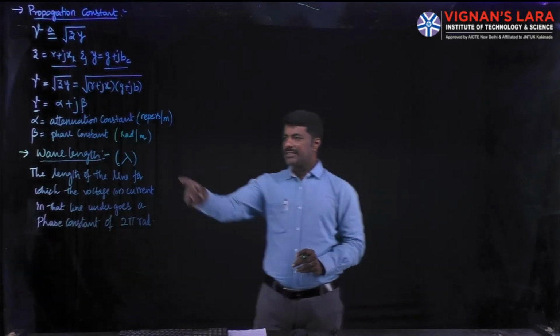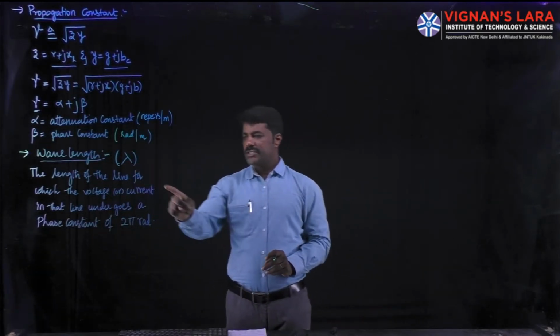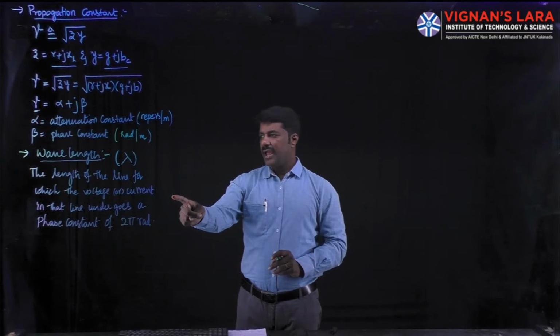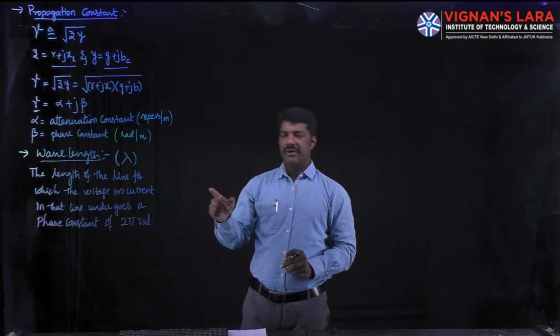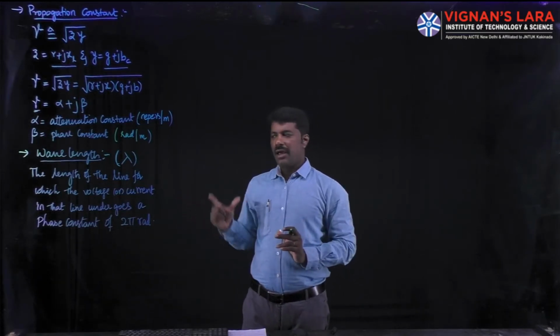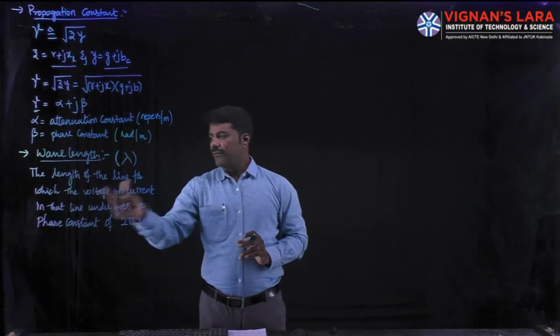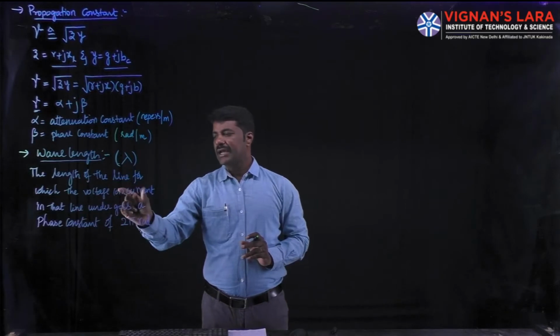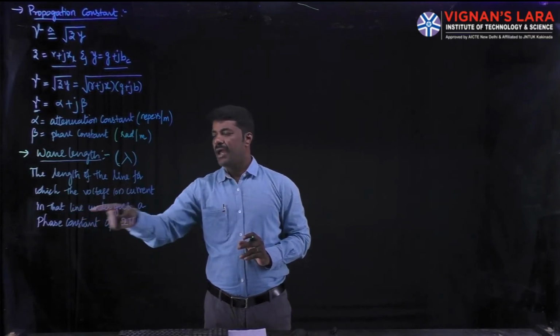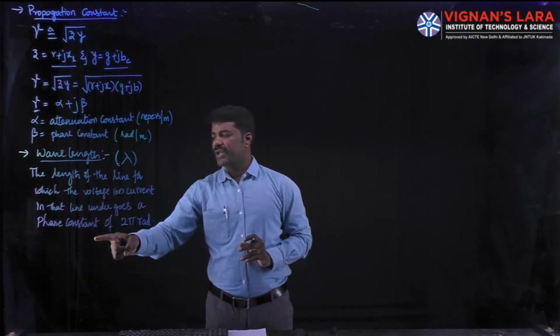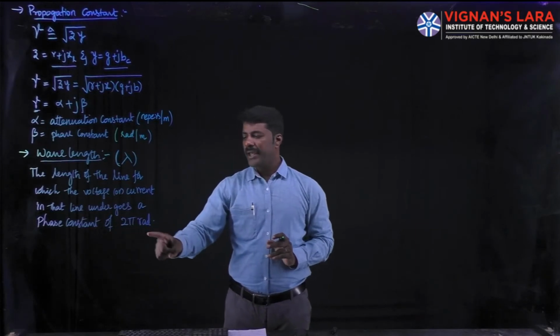The wavelength is represented with lambda, which is defined for a transmission line, and we took the transmission line to be a very long distance. Out of that long distance of the line, the wavelength is the length for which the voltage or current in that transmission line undergoes a phase shift of 2 pi radians.